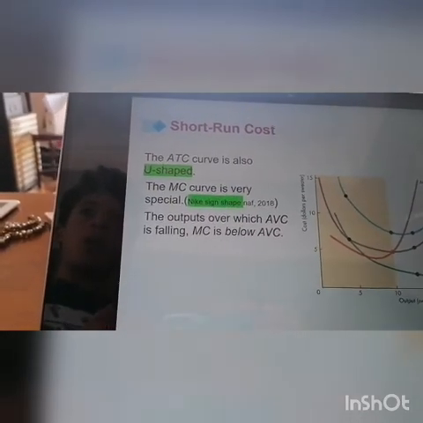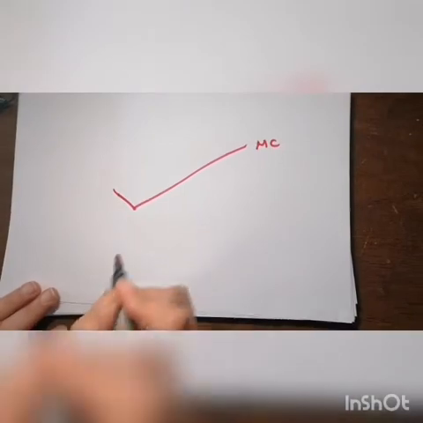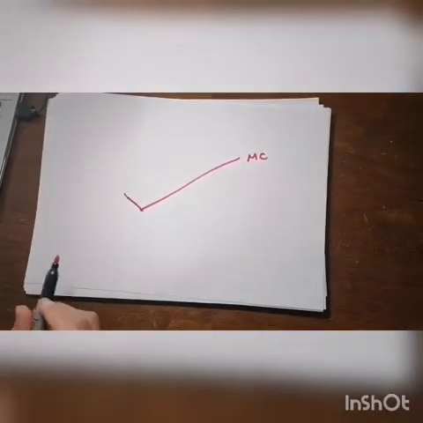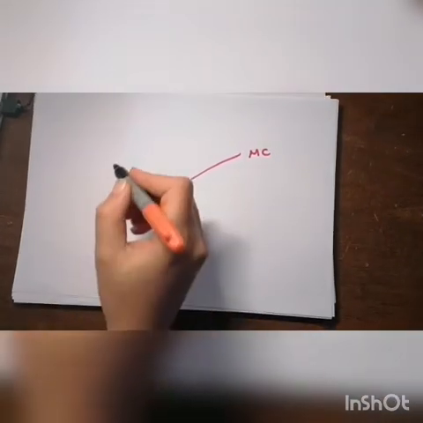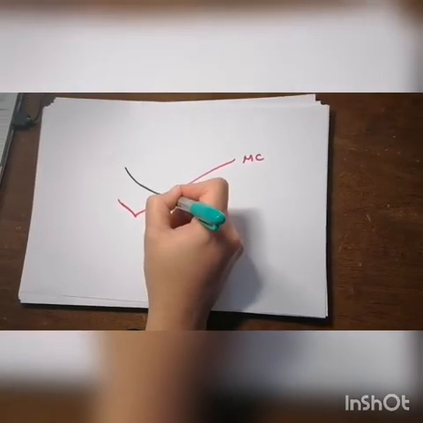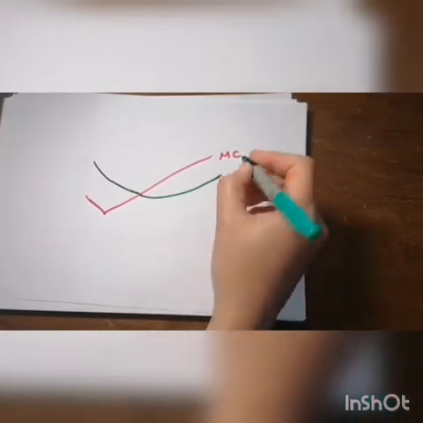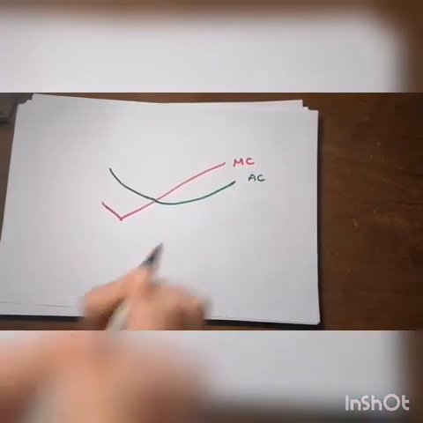The marginal cost looks like a Nike, like that, and it's first decreasing, and so when it's decreasing it's pulling the average variable costs downwards, and then when it's increasing it is pulling it upwards, and so this is the average cost.